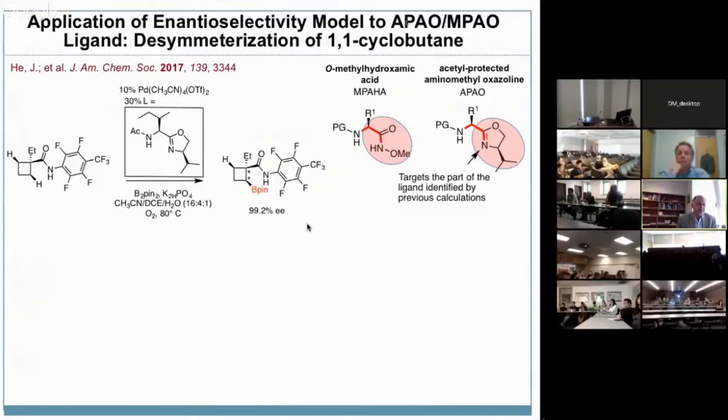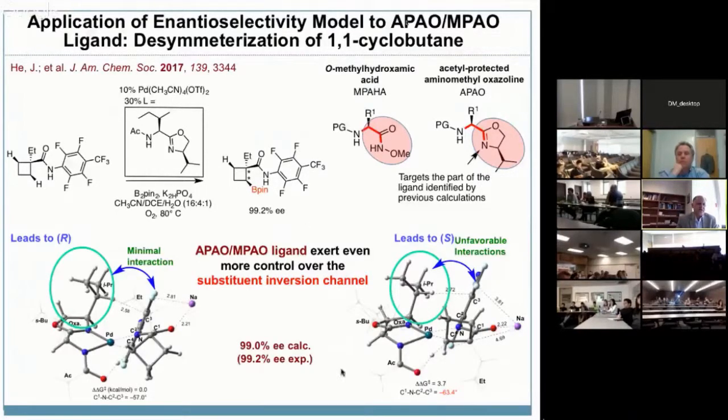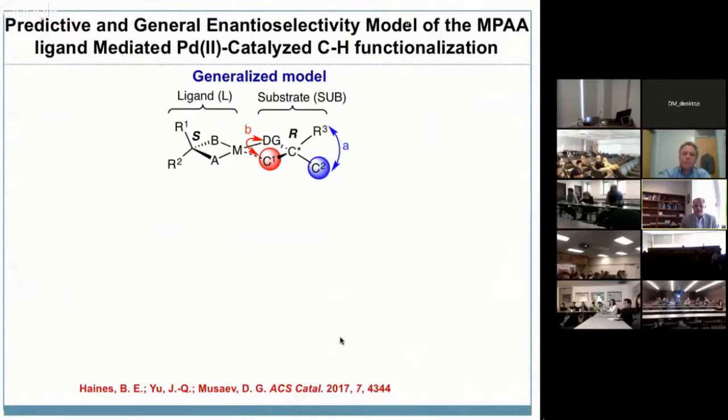Our calculation confirms this: we also get 99% selectivity, and the energy difference between these transition states becomes even larger.